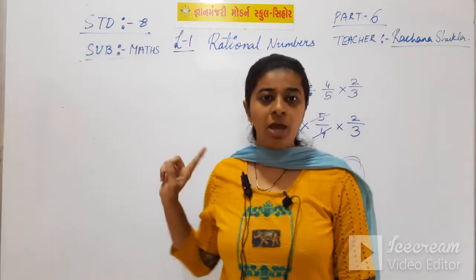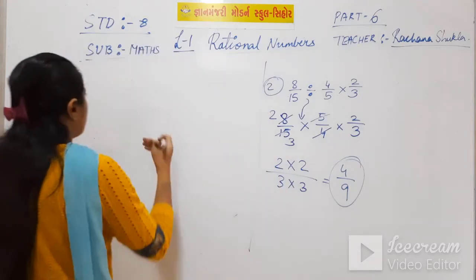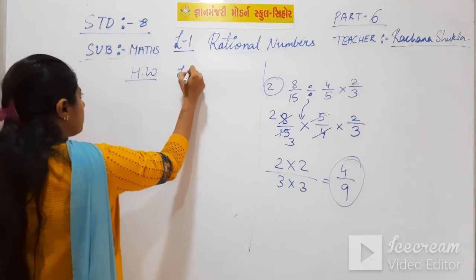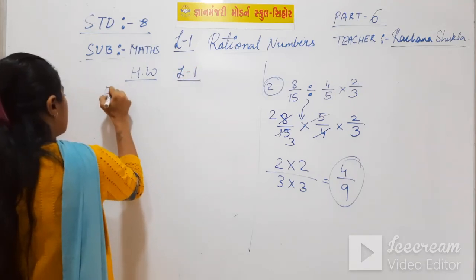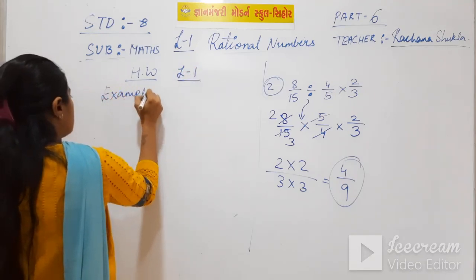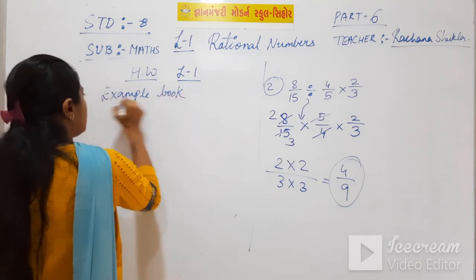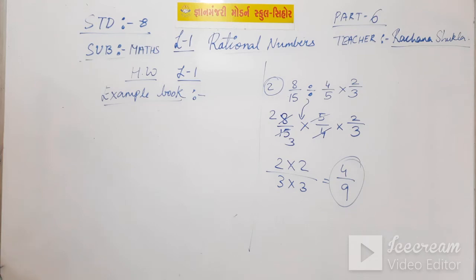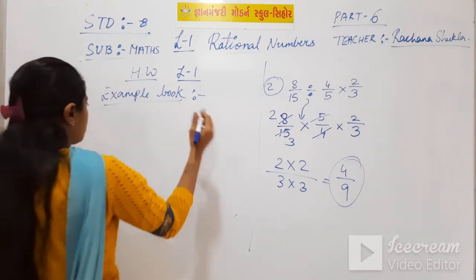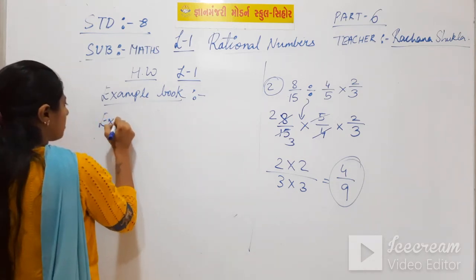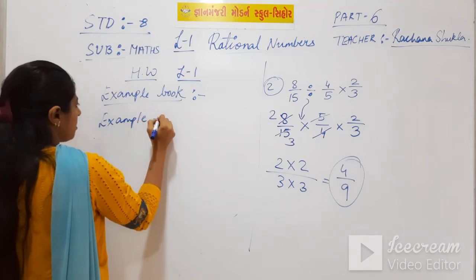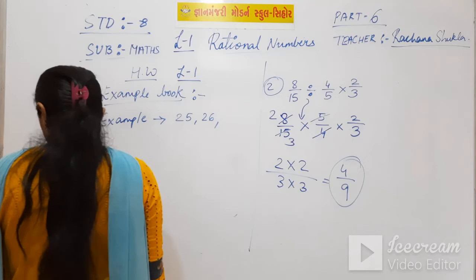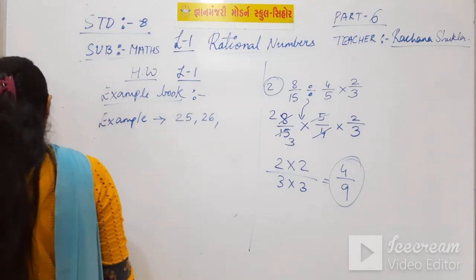So today you have to complete more examples. Homework, lesson number 1, example book. This book you have already made, so you have to do the homework in this book. I am writing down the number of examples. Example 25, 26. These both sums are of multiplication.